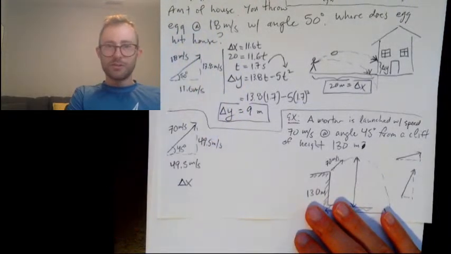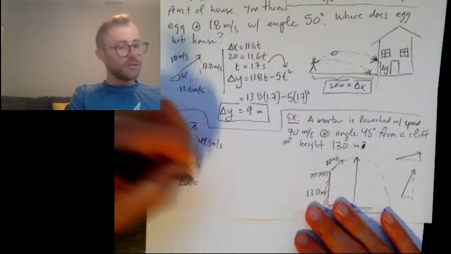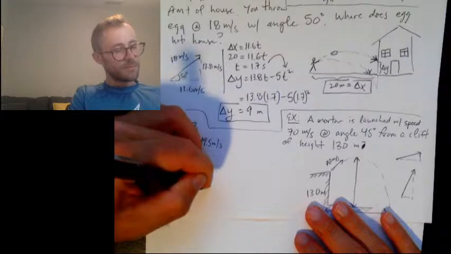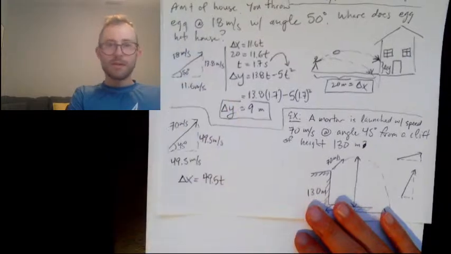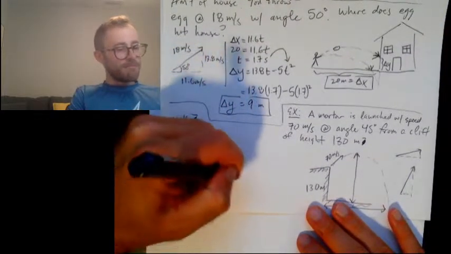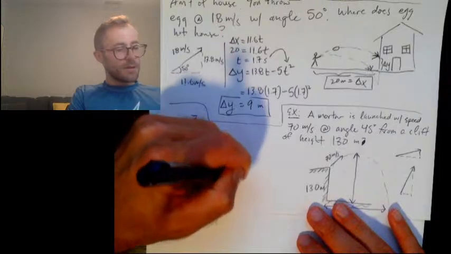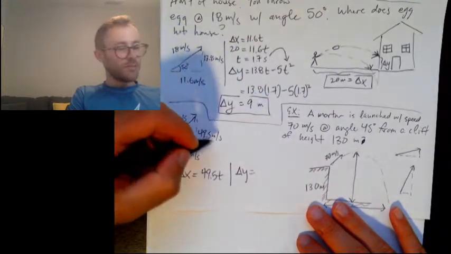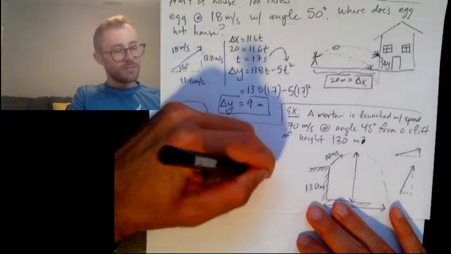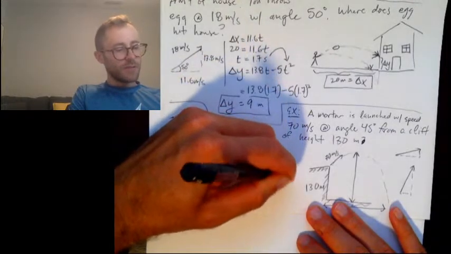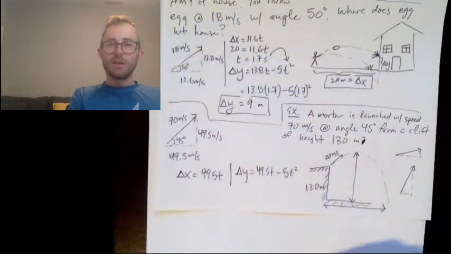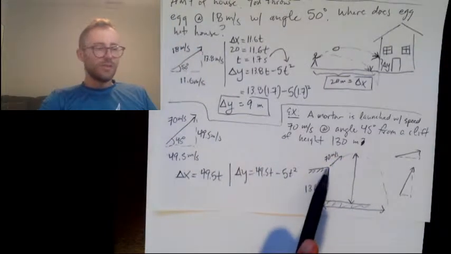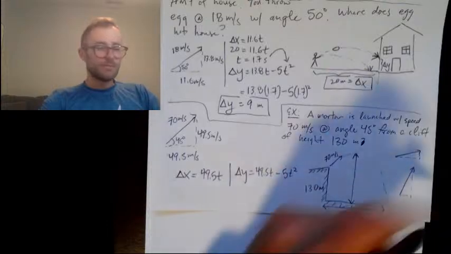So delta x is Vx naught times time, so 49.5 t. Delta y is Vy naught times time, 49.5 t, minus 5t squared, okay?